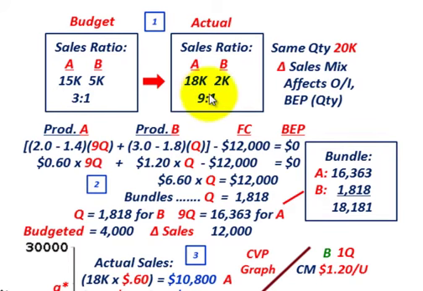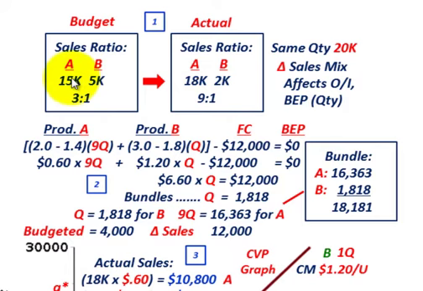So our new sales ratio has moved from 3-to-1 to 9-to-1 in favor of product A. The 2,000 going into 18,000 gives us a ratio of 9 for A. So we're selling 9 units of A for every 1 unit of B. Just to note, for product B we were budgeted to sell 5,000 and actually sold 2,000.